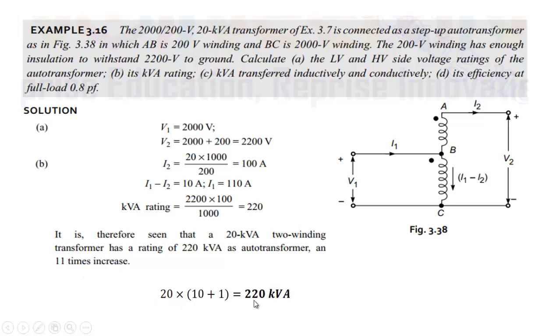This can be done also by 20 into 10 plus 1, that is 220 kVA. You can use the auto transformer ratio here also, that is it will be equal to 20 divided by 1 minus k, where k here will be equal to 2000 divided by 2200, that is 1 by 11. When you do the same thing, it will again be equal to 220 kVA.